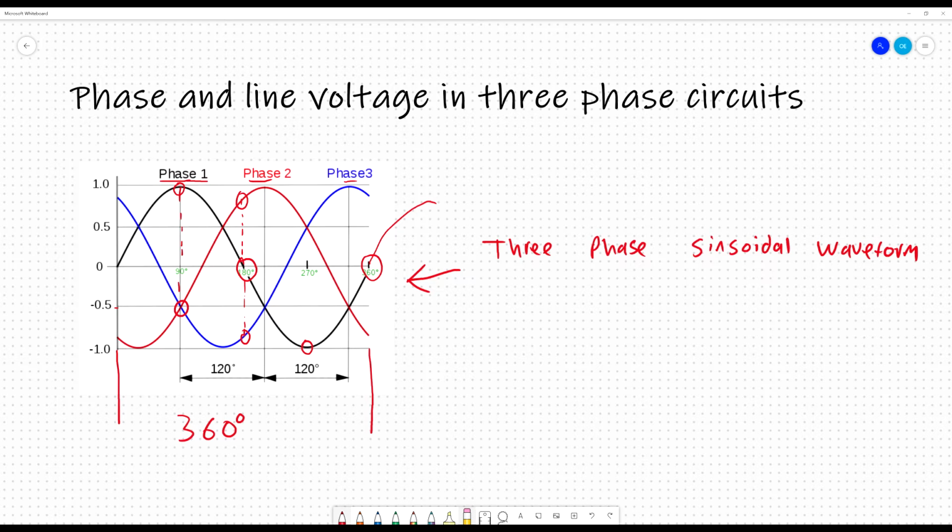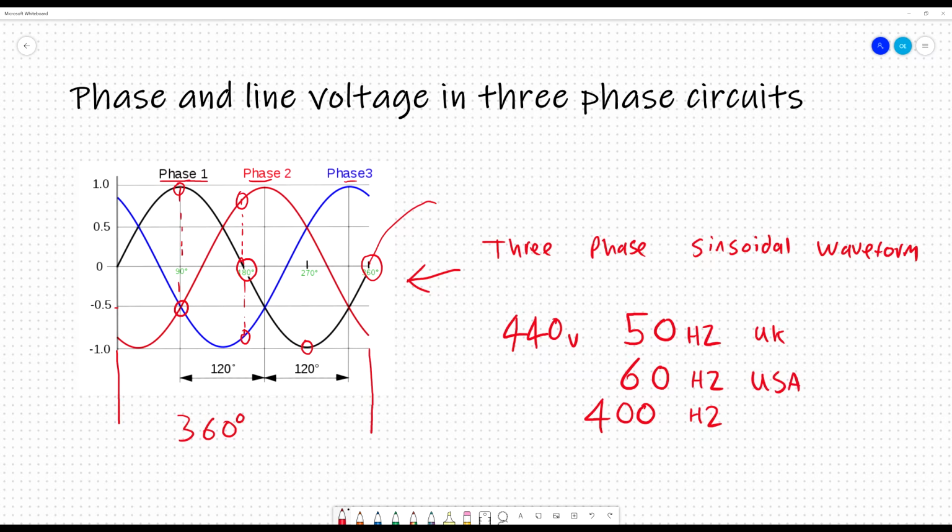When we talk about the specification of three-phase, we usually give it a voltage, for example 440 volts, and we give it a frequency, which is say 50 Hertz in the UK, or maybe 60 in America, or if you work on aircraft it might be 400 Hertz.